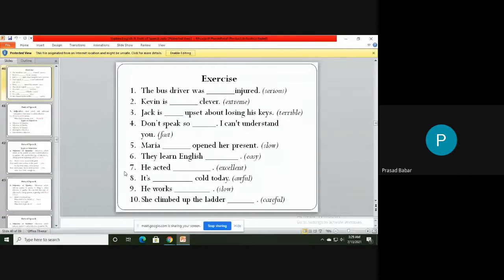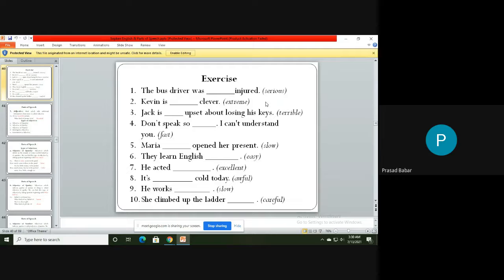Okay. So let's do another exercise before coming toward the end of this lecture. Exercise, yes. The bus driver was dash dash injured. Fill in the blank here. The bus driver was dash dash injured.